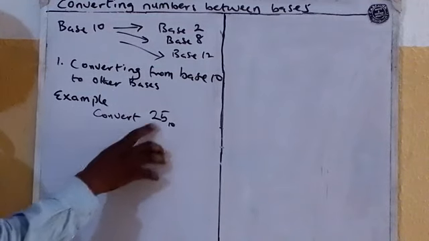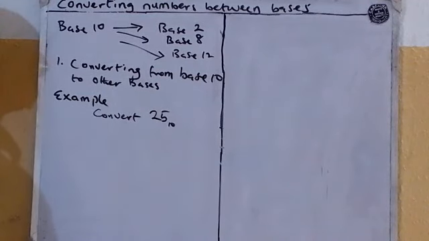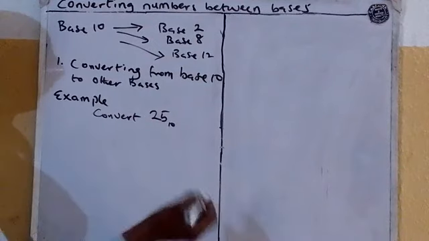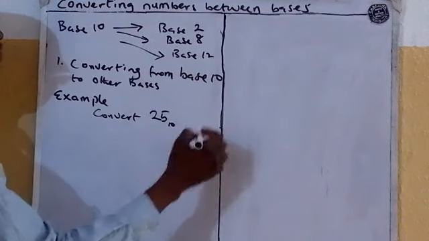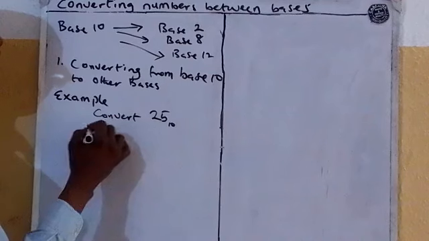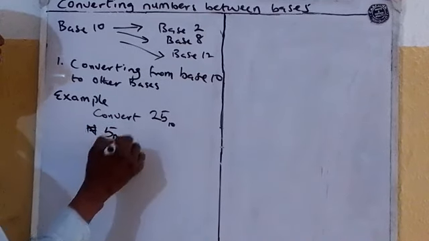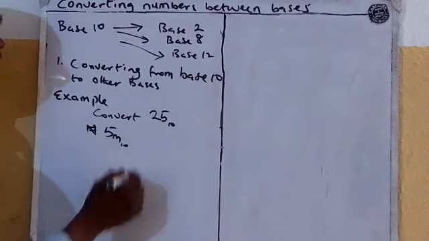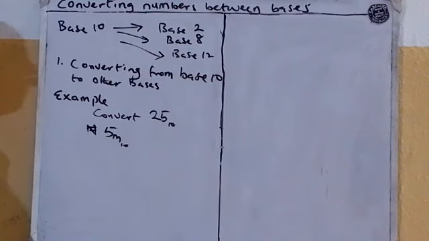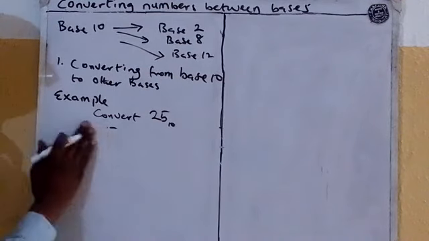We don't go about putting base 10 everywhere, because we know that all numbers we deal with are in base 10. For instance, if you want to write how much you have in your account, you write 5M. Don't go about putting base 10, because all of us know that it's decimal. So that is just by the wayside.